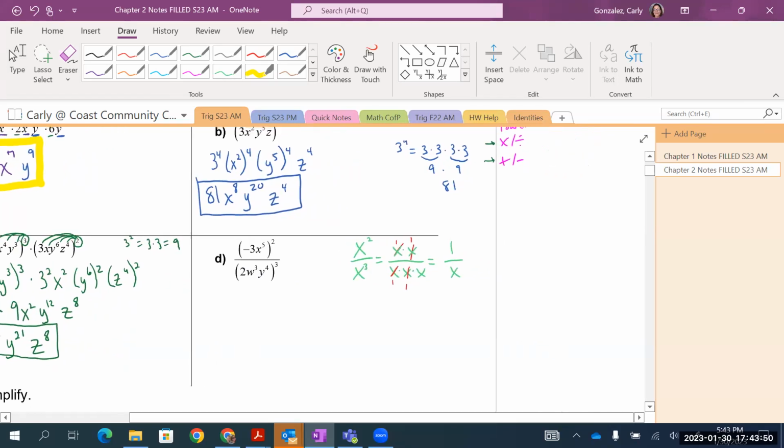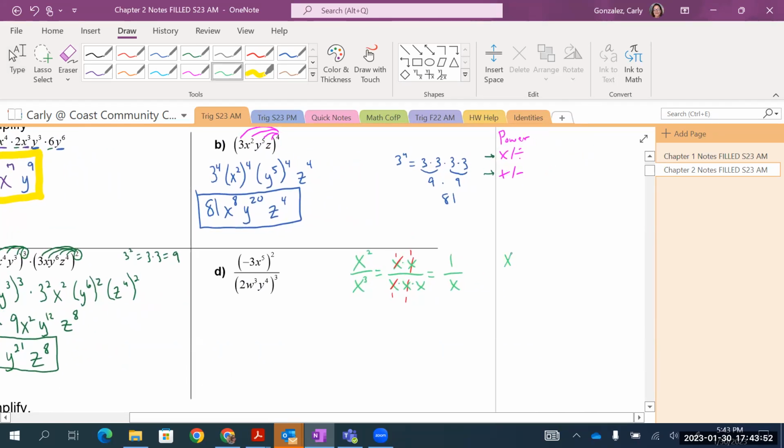Similarly, if we look at x cubed over x squared, again, just writing it out. Again, x over x is just the same as 1. And this time we are left with x, but the x is on the top. And x divided by 1 is just x.